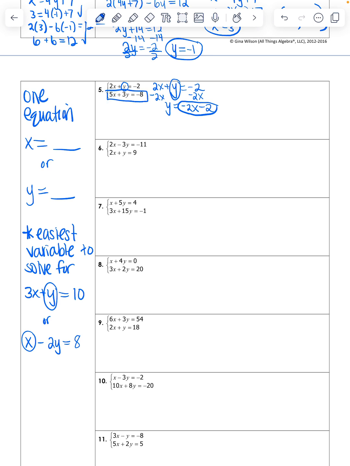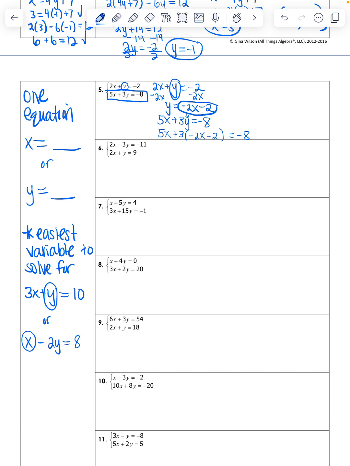I use the other equation that I did not just rewrite. So I have to use this equation, 5x plus 3y equals -8, and I'm going to replace y right there with -2x minus 2. So it's going to look like this: 5x plus 3 times (-2x minus 2) equals -8.